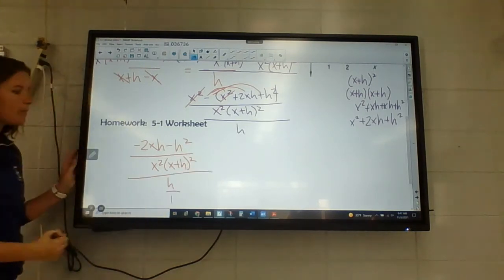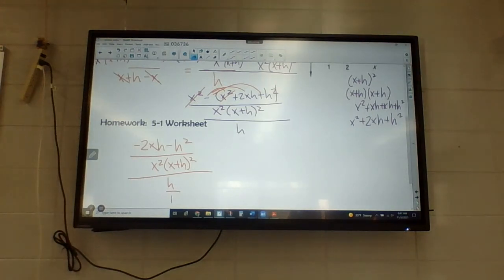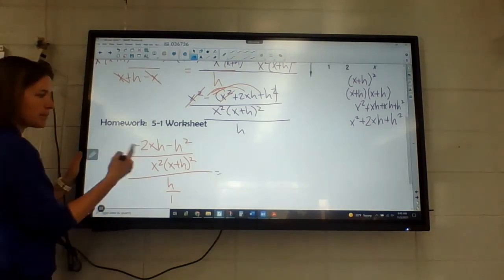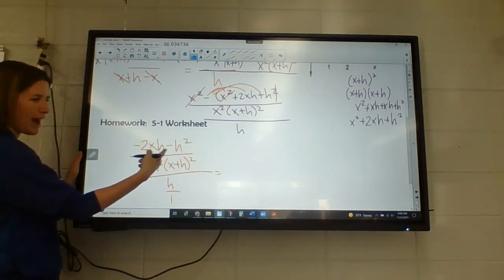I'm going to put this h over 1 just to remind you guys that that's a complex fraction. We're going to use that in a second here. So now we're ready to flip and multiply. And again, the ones that you guys have to do in your homework are a lot easier than this one. The equations are nicer. So I'm going to change this to flip it and multiply. We're going to be able to factor this a little bit.